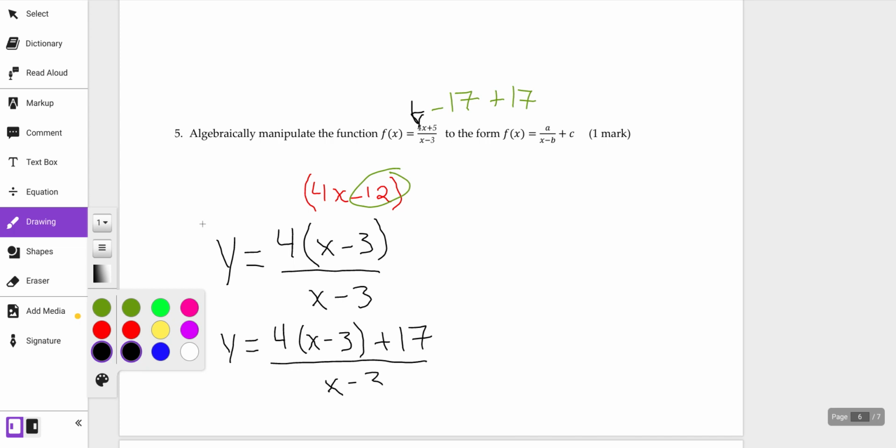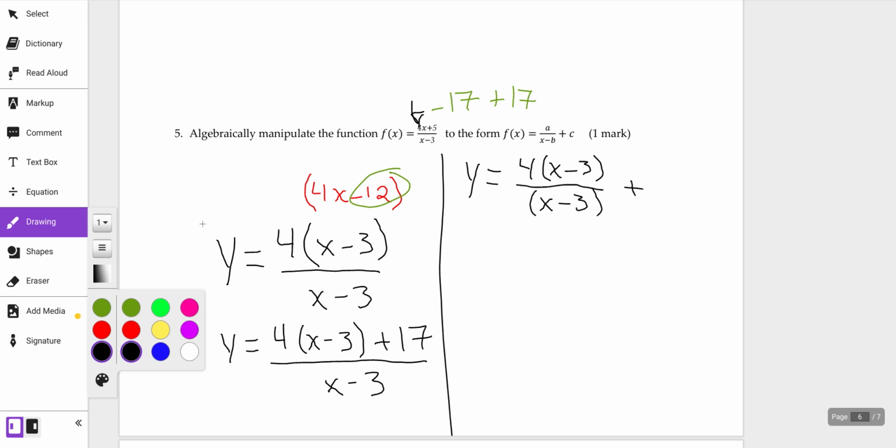The denominator is just x minus 3. It's not changing. From that point, I can then split this into two fractions. The first one is with that factor of 4 times x minus 3. The second one is just the plus 17 over x minus 3.